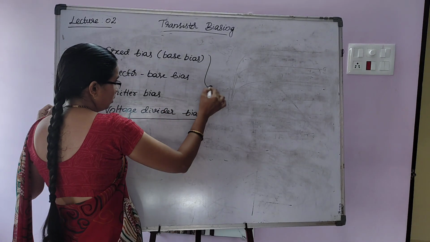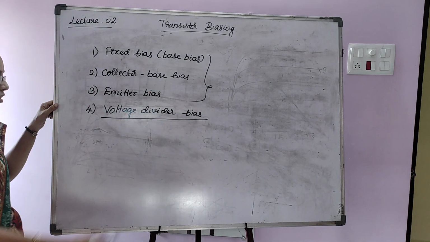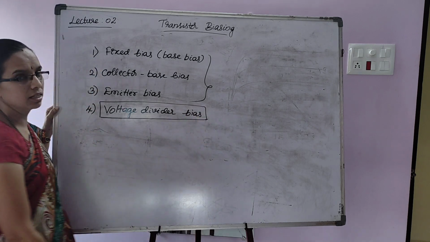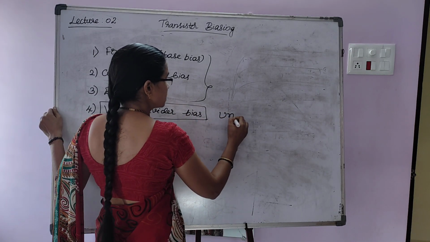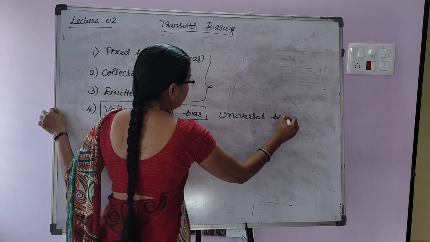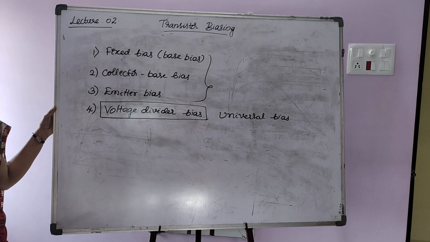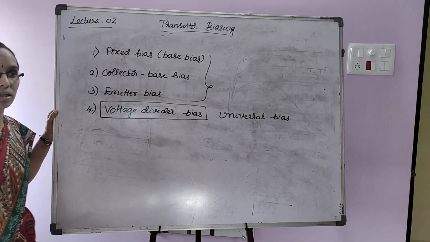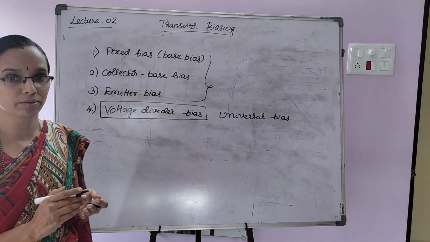Because of some disadvantages or complications with the other biasing circuits, the voltage divider biasing circuit was chosen as a universal biasing circuit, which we are going to use in most applications. This voltage divider biasing circuit is used in almost all initial stages of amplifiers.